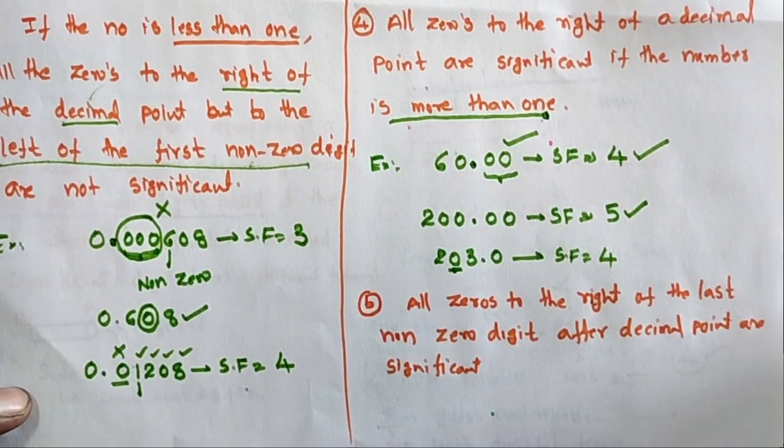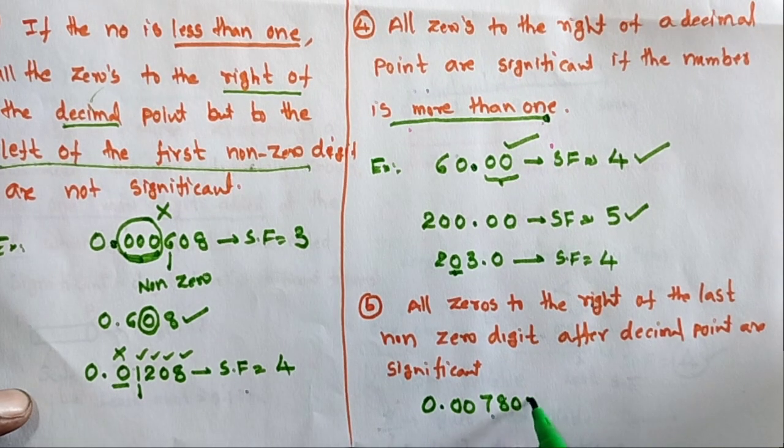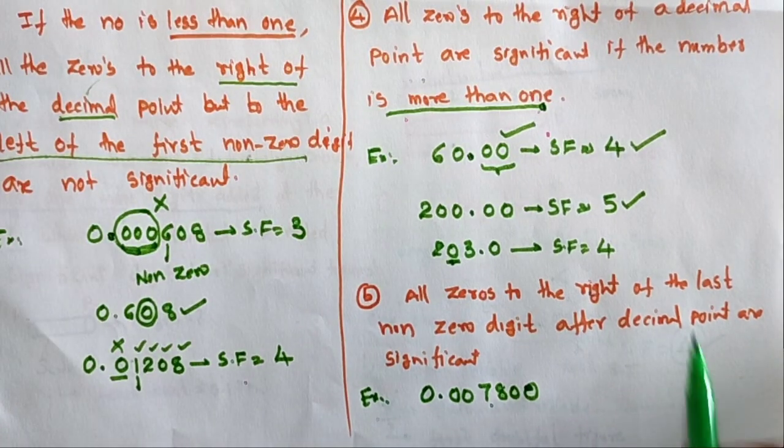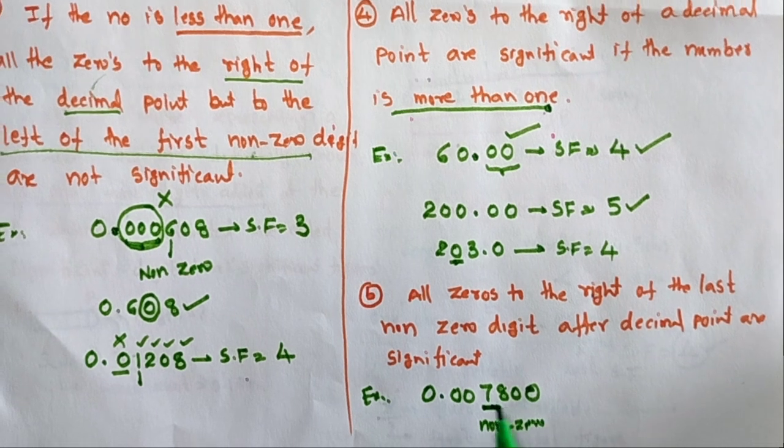So here I am taking, for example, 0.007800. In this one, all zeros to the right of the last non-zero; the 7 is a non-zero.